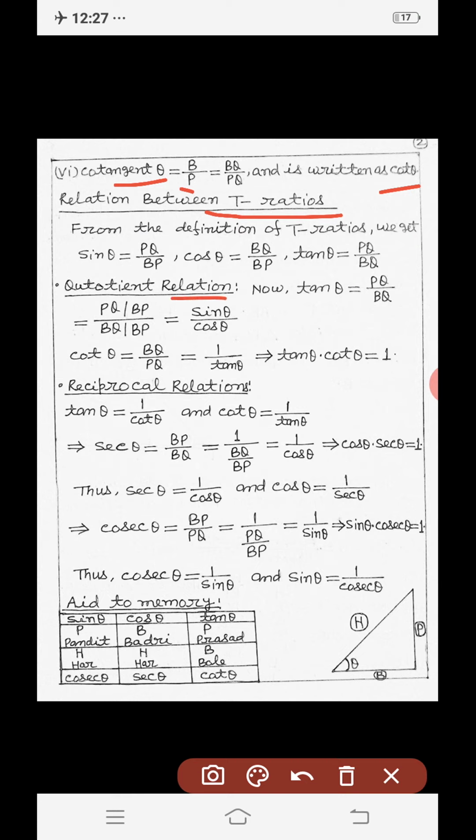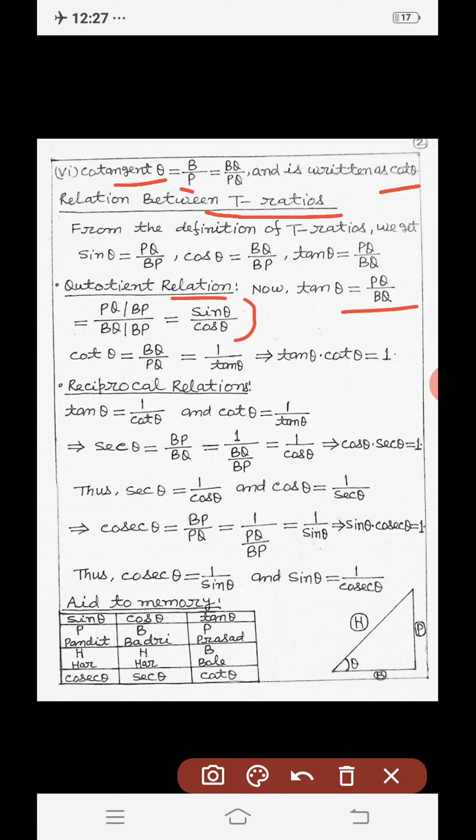Now tan theta equal to PQ by BQ, and this can be written as PQ by BP by BQ by BP, and from above PQ by BP is sin theta and BQ by BP is cos theta. So tan theta equal to sin theta by cos theta.